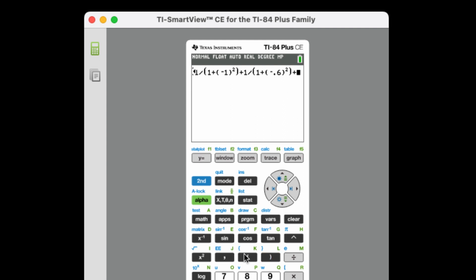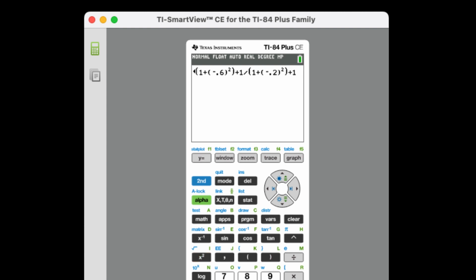plus, 1 divided by, parentheses, it's another negative. 1 plus negative 0.2. Close that and square it. Close your parentheses.